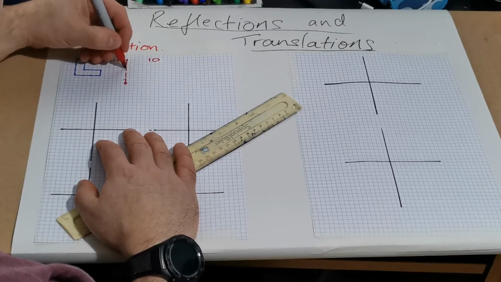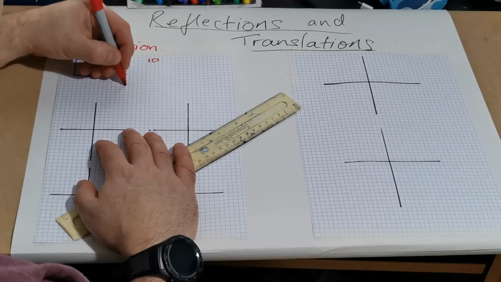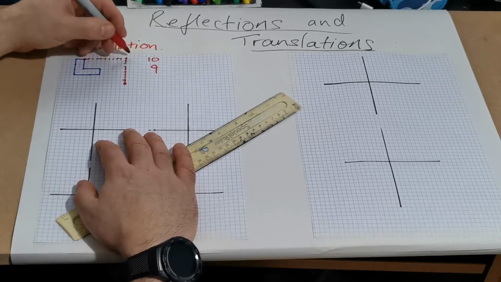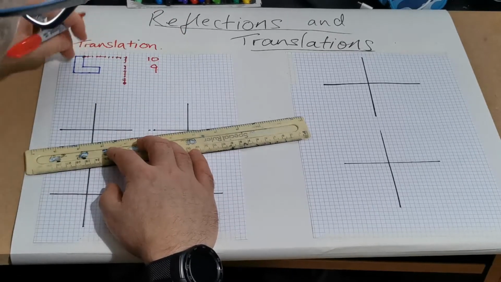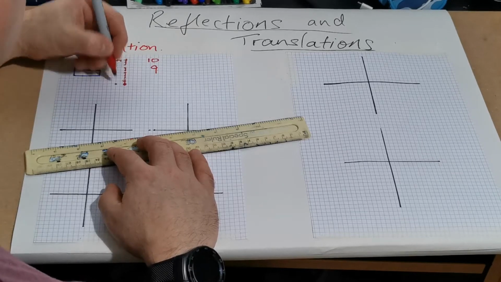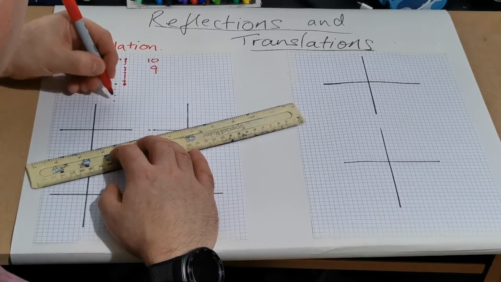Moved it 1, 2, 3, 4, 5, 6, 7, 8, 9 places that way. So 10 and then 9, and that would work with all of the points on this L shape. But what we're going to do is just think about redrawing it from that point.